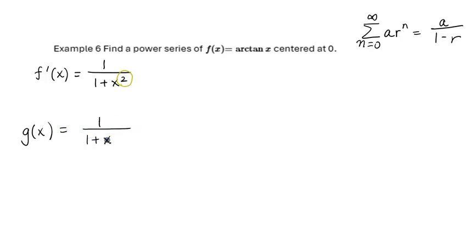I'm just going to make it linear in the denominator. So I definitely do know how to form a power series for this function. If it's helpful, you can write this as 1 over 1 minus negative x. So you can clearly see that a is 1 and that r is negative x for the power series for g of x.